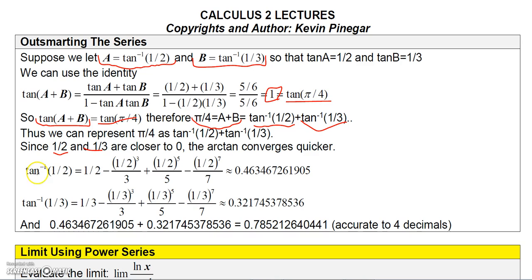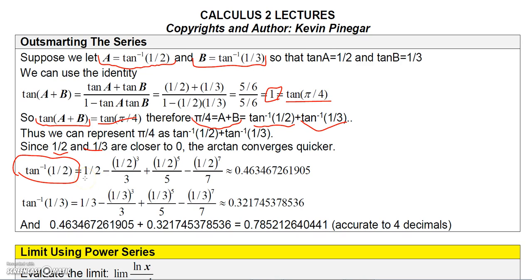And so here, remember I'm using the series for arctan of x, and you can go back and look at that series, but it would be x minus x cubed over 3 plus x to the 5th over 5 minus x to the 7th over 7, and so forth.